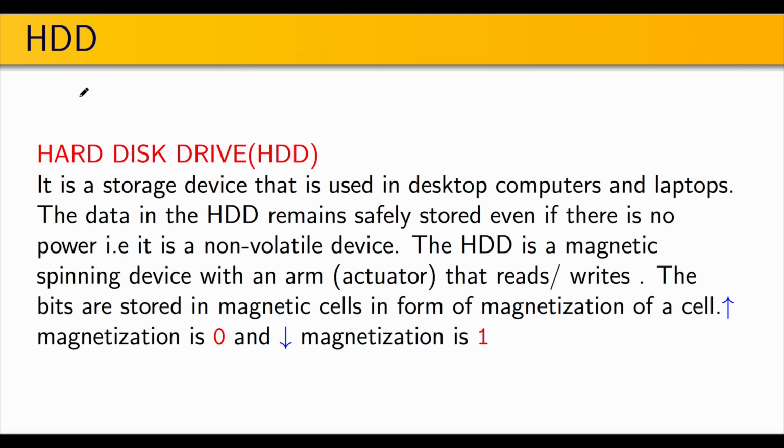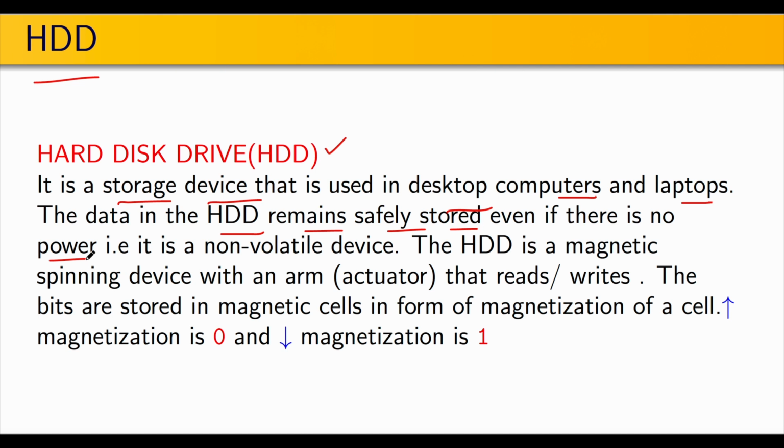Next we come to HDD, hard disk drive. This is a storage device that is used in desktop computers and laptops. Data in the HDD remains safely stored even if there is no power. This is the main difference between HDD and RAM.